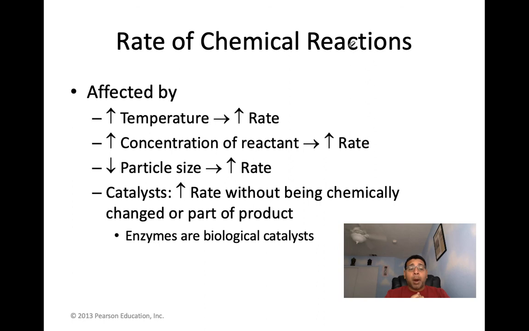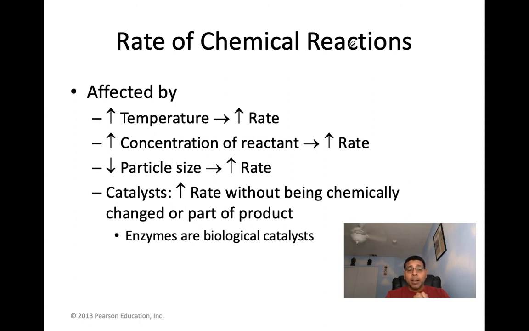Third factor is particle size. Smaller particles move faster than larger ones and tend to collide more frequently and more forcefully. The smaller the particles, the faster a chemical reaction goes.